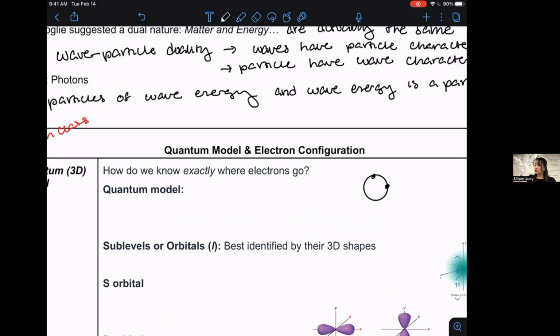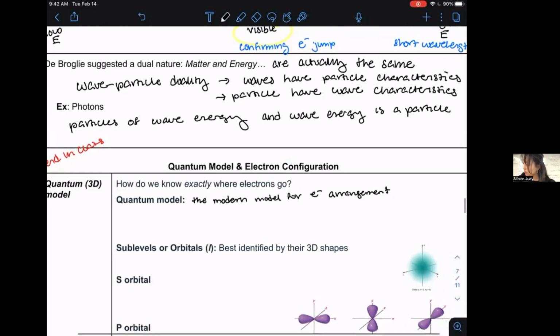Okay, it matters. So what we know is that the quantum model is the modern, not the most modern, but the modern model for electron arrangement and location within an atom.